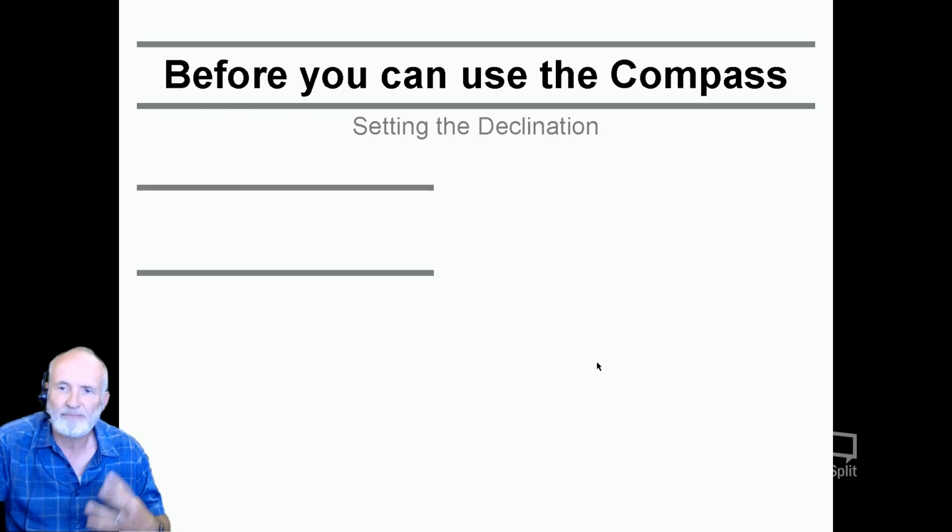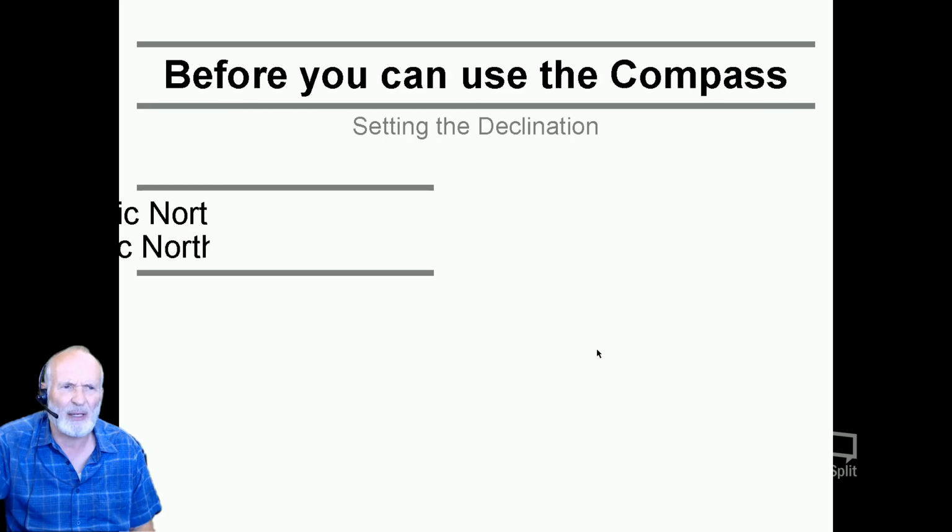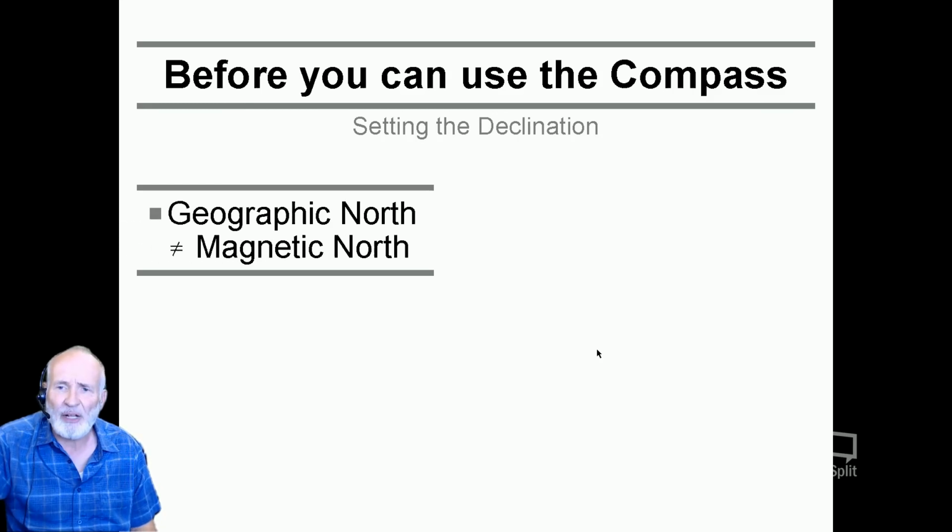So practical stuff. Now, what's the theory behind it? Before you can use a compass, you must do something called setting the declination. What in the world is that? So this may come as a surprise to some of you. The geographic north, the one you see on the map, where the North Pole is supposed to be according to the Earth survey, is not the same as the magnetic north.